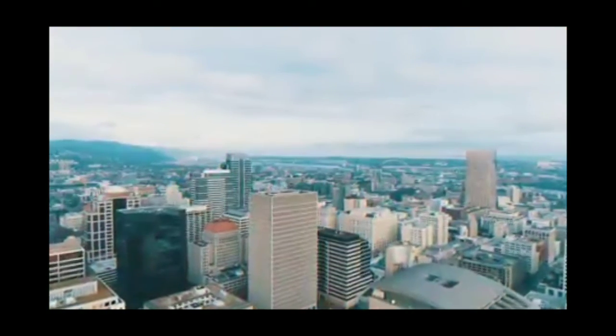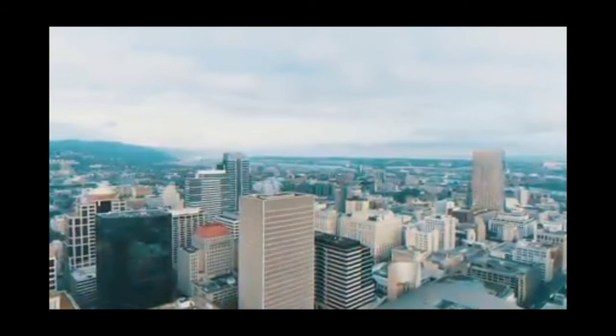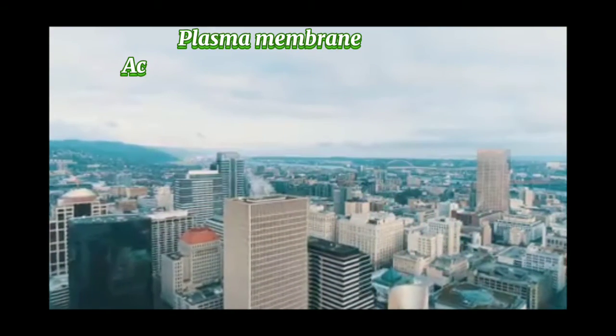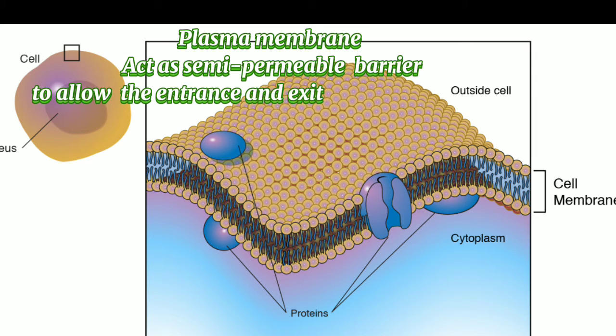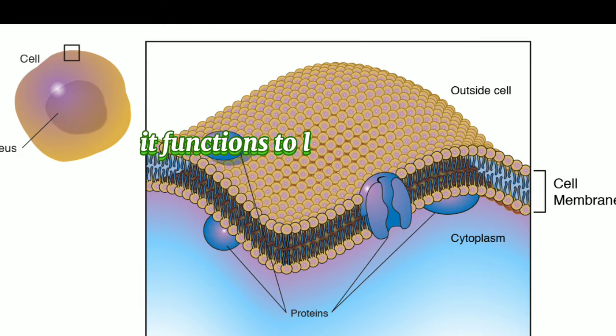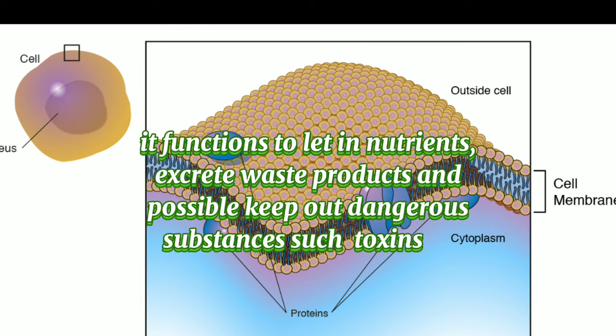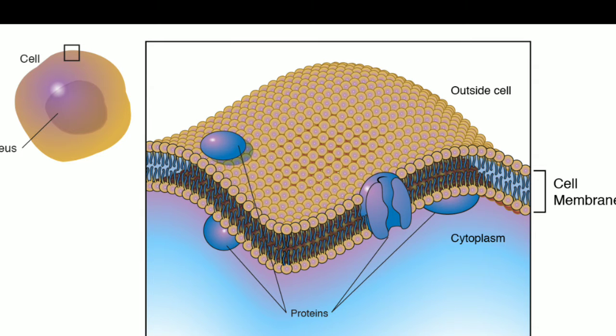It acts as a semi-permeable barrier to allow the entrance and exit of select molecules. It functions to let in nutrients, excrete waste products, and possibly keep out dangerous substances such as toxins or antibiotics.